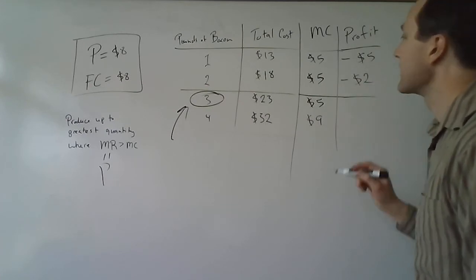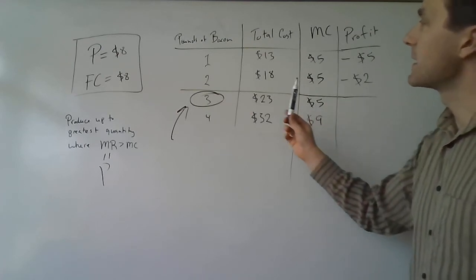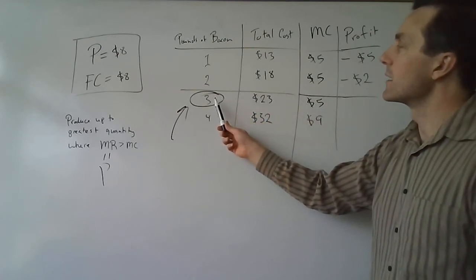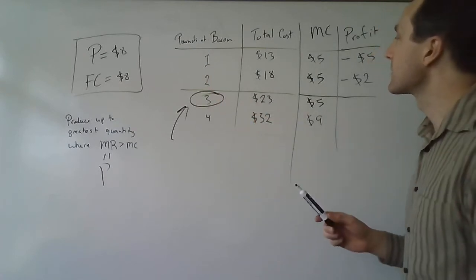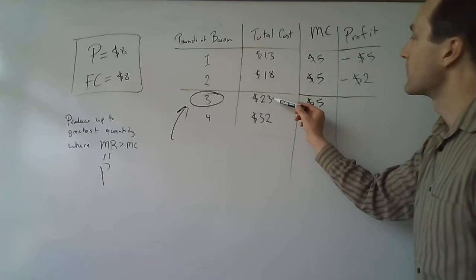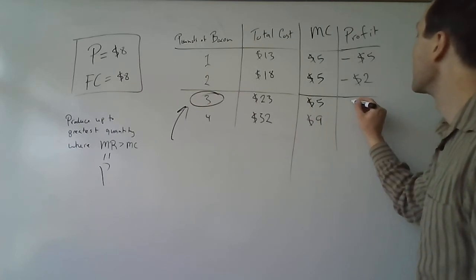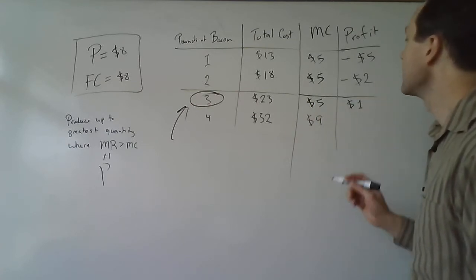You're still losing money. And then at the third pound of bacon, your revenue would be 3 times 8, which is 24, minus 23. Subtracting the total cost from the revenue, we get $1 of profit.